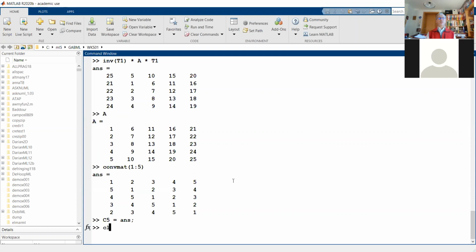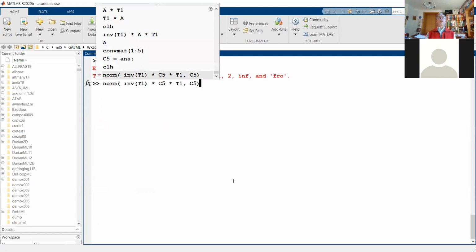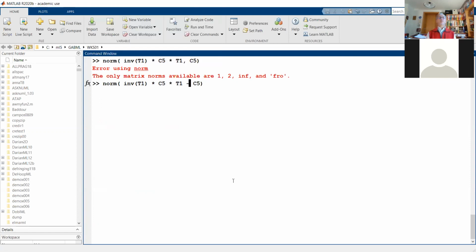So let's check. So what is the norm of inverse of T1 with C5 with T1 compared to C5? Okay, so I should say the difference. I'm using this my comp norm, but so these are really equal. So let's look once more at this vector.